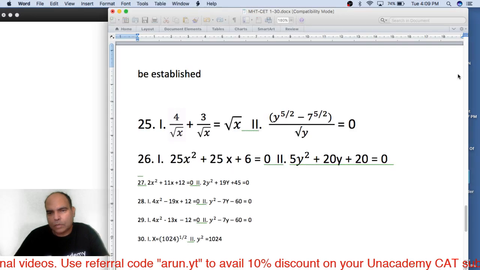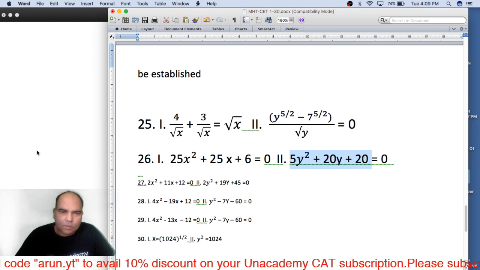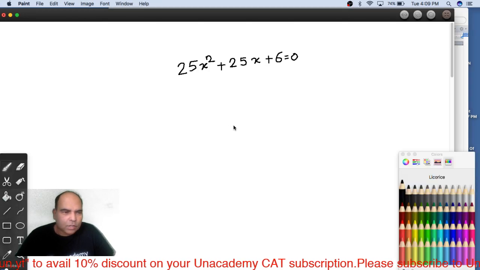That's what the first equation tells me. And the second equation tells me 5y squared plus 20y plus 20 is equal to 0. We'll come back to the second equation a little bit later.